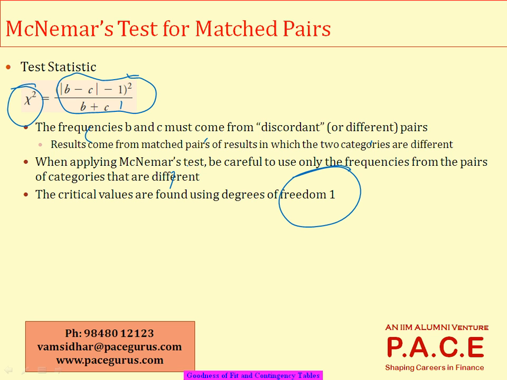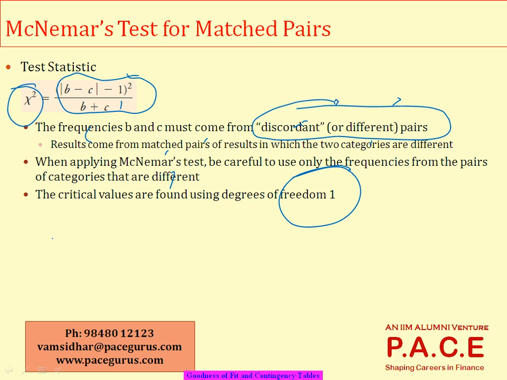A couple of things are very important for running this test. The frequencies of B and C should come from different pairs, which is nothing but the not cured of one variable but the cured of the other, whereas cured of one variable and not cured of the other. If I get such different pairs, then there is much meaning to this McNemar's analysis.